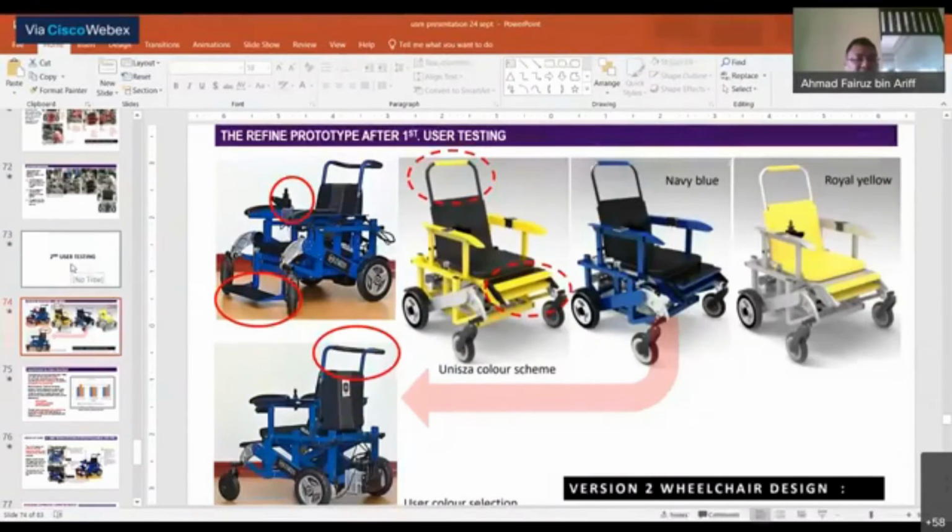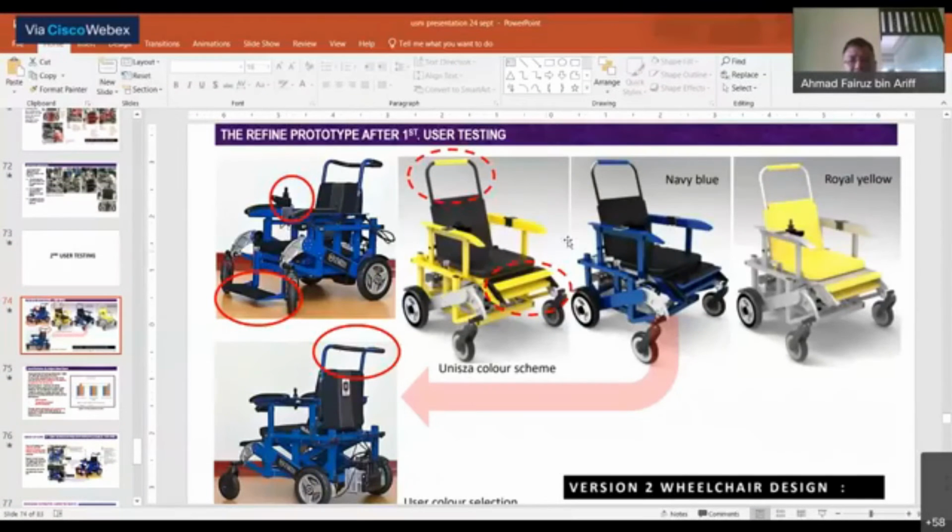Okay, the second user testing. So this is the preliminary color that we proposed to the client. Okay, and then the user was interested in this color, blue. Then we did some modification on these two areas, the stairs and this part, and then we bend it so that it is easy to push and pull.